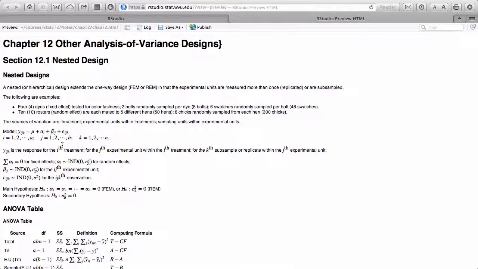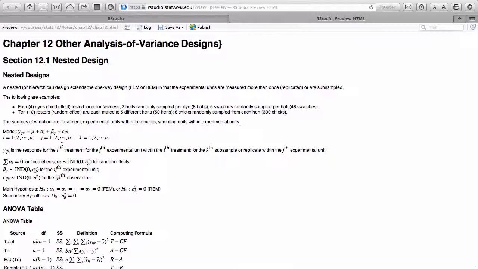Before, for the random effects model, the alphas were random and the epsilons were also random. This is an extension of that, but in this case the alpha effect can be either fixed or random, but the betas are random, as are the epsilons.